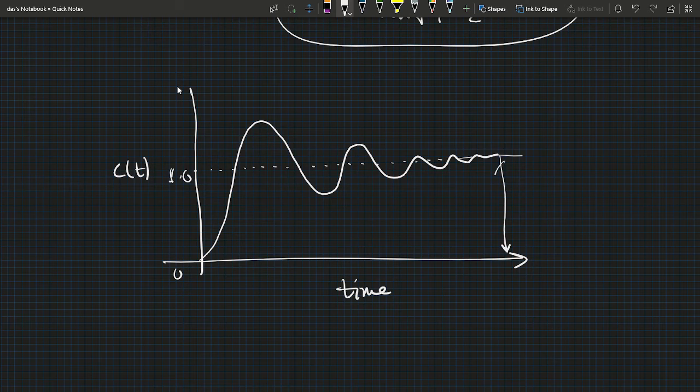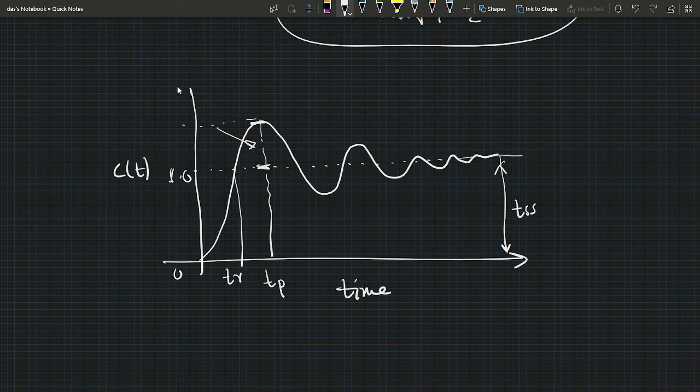Here this is known as steady state or settling time, and this is known as the rise time, and where the amplitude of the output signal goes to maximum, it is known as the peak time. And this is known as maximum peak overshoot, from here to here.